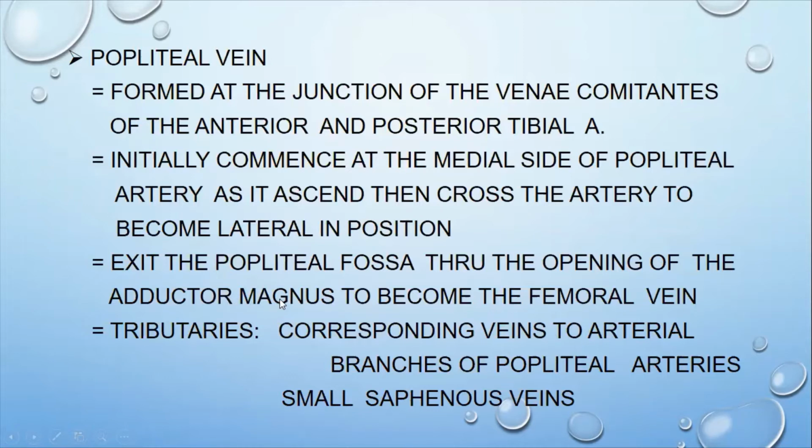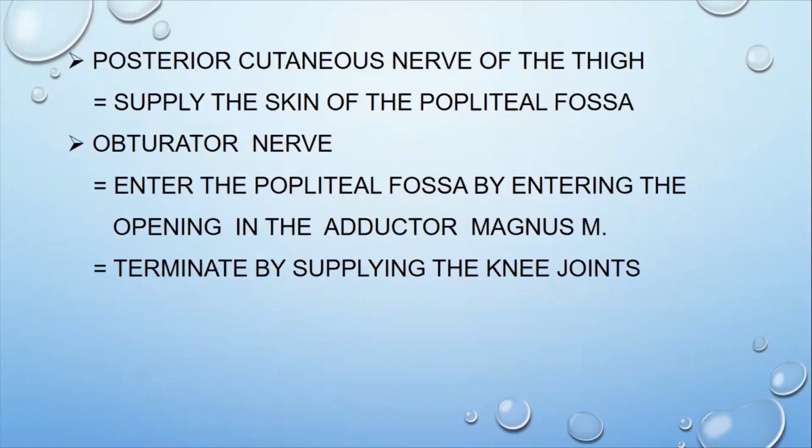Remember your adductor magnus, adductor hiatus, to become the femoral vein. Now, there will be tributaries which will be corresponding veins to the arterial branches of the popliteal artery and also the small saphenous vein.